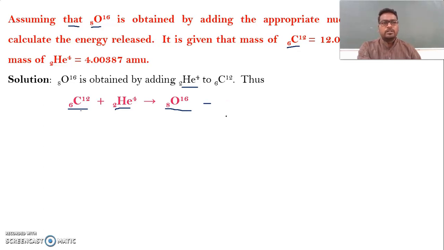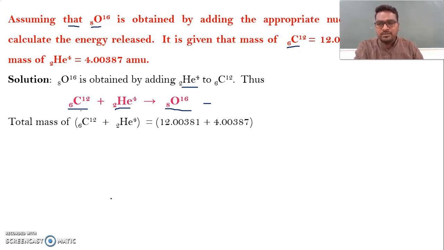For that, we have to calculate the mass defect of this reaction first, because in any nuclear reaction the amount of energy released during the reaction is proportional to the mass defect.